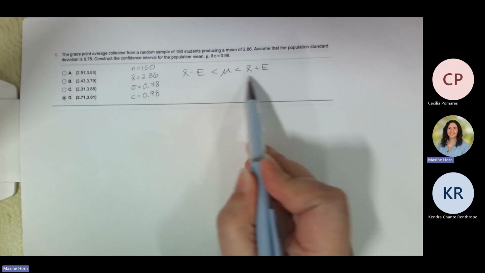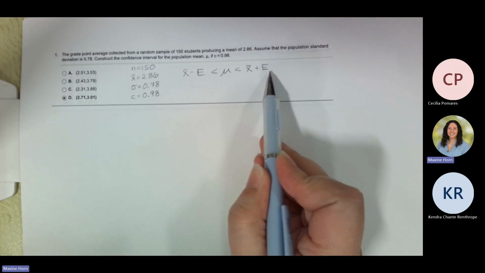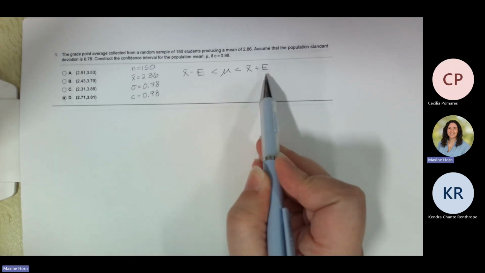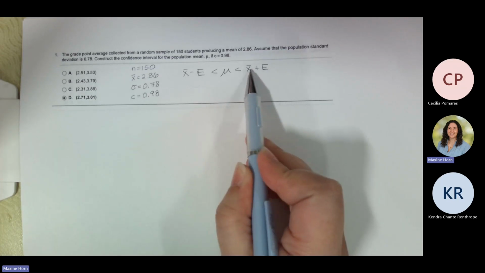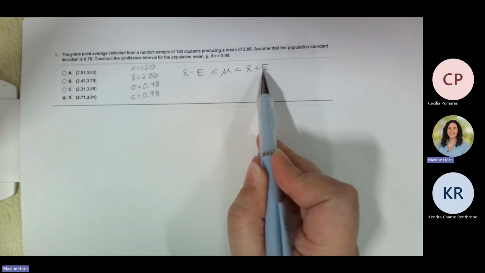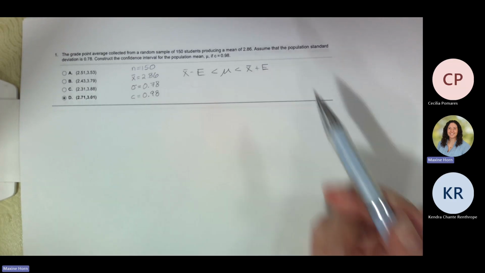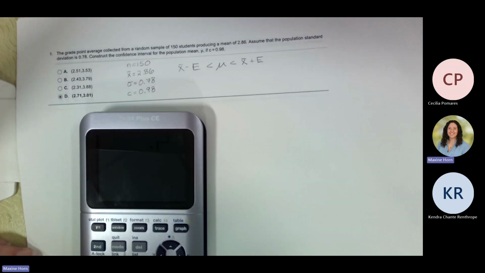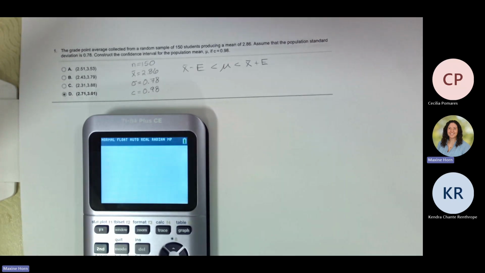Like if you're given the upper number of the interval, you need to understand that that is your sample mean plus some margin of error. And I think there's a problem later in this review session where it has you calculate that. So okay, let's take a look at what we're going to be doing in the calculator.